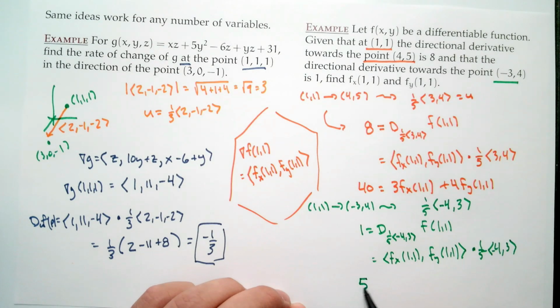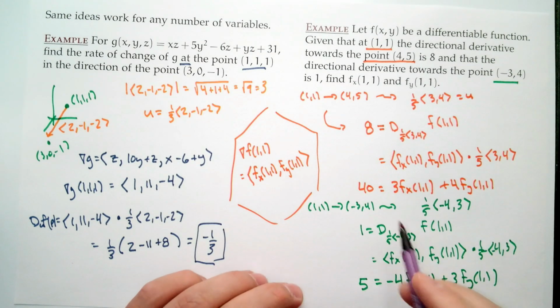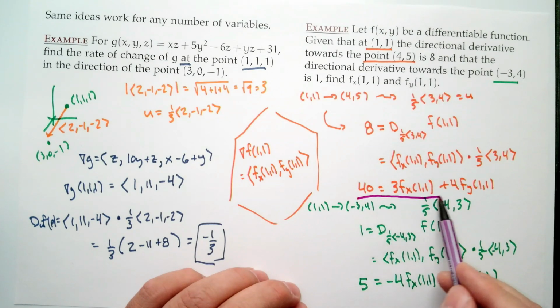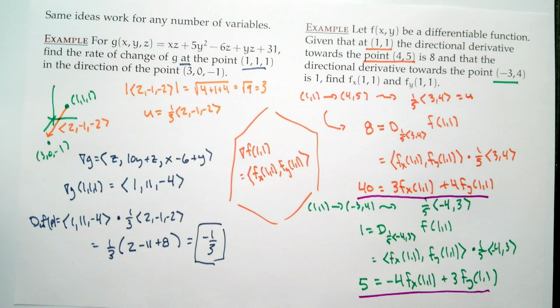We can conclude that 5 is equal to -4 fx at (1, 1) plus 3 fy at (1, 1). So what are we down to? Our favorite bread and butter. This is why I take calculus: two equations and two unknowns. That's what wakes me up in the morning and gets me going.